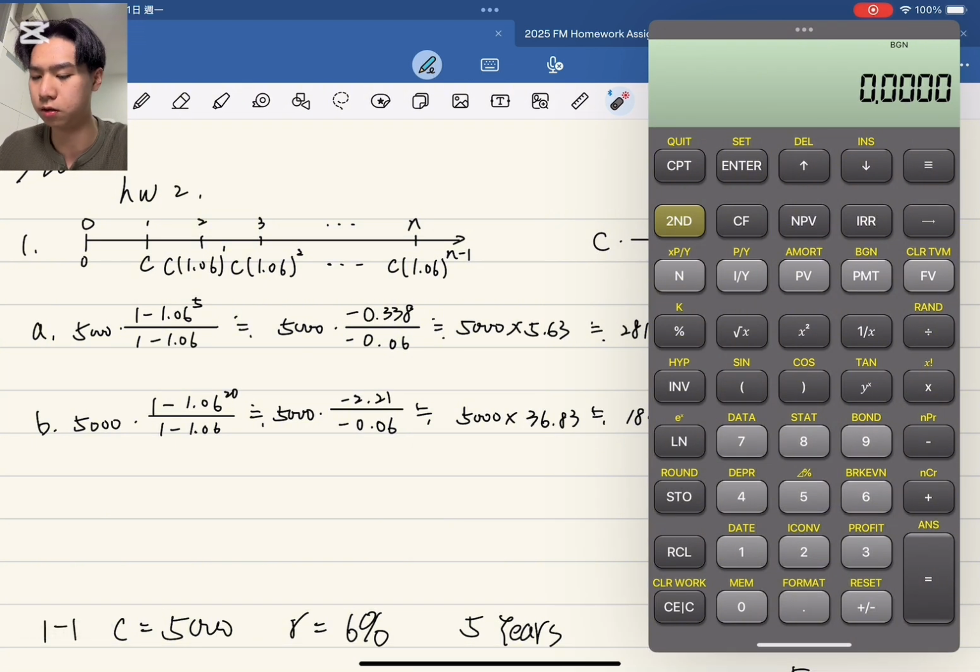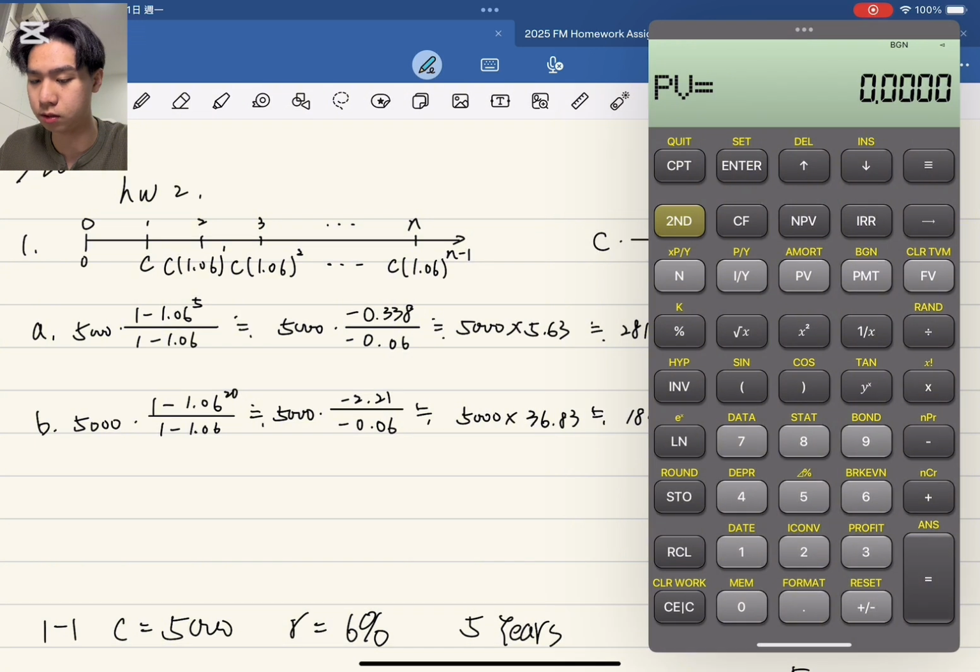There is a calculator. We input the information. First, we input how many years. There, we have 5 years. So first, 5 years. And the interest rate is 6% per year. 6%. Present value. In the beginning, our present value is 0, so we input 0.